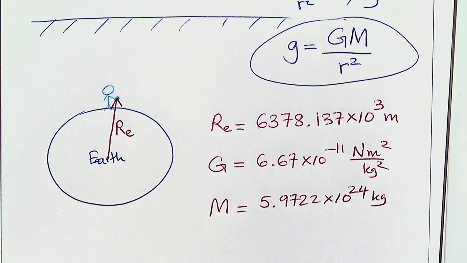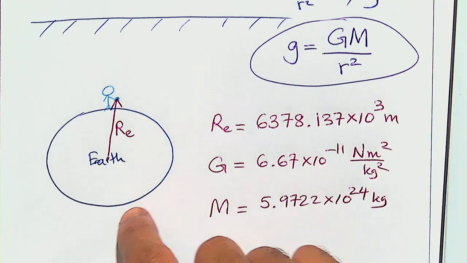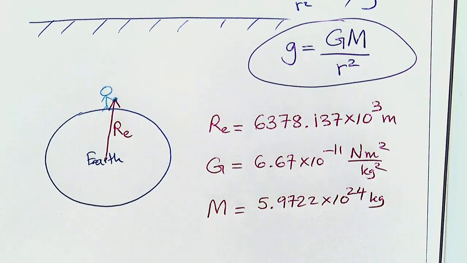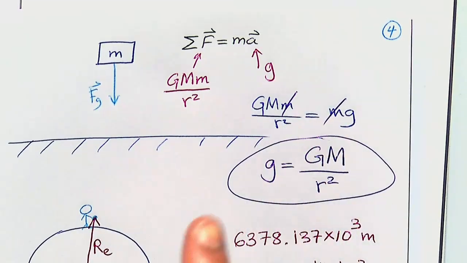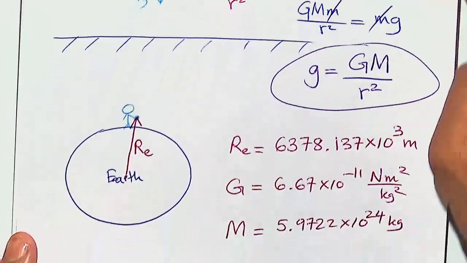That's the point. You're going to get a number that is smaller than 9.8 meters per second squared, but not by as much as you might think. So do that as an exercise: try to calculate the value of g at the International Space Station. And then you can see the weight of an astronaut is still there, because g is still there.